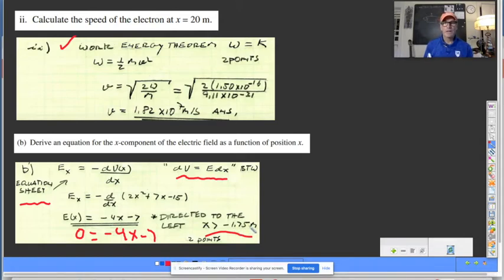And at x equals negative 1.75, the electric field is 0, but a little bit to the left of negative 1.75, the electric force will be directed to the left, and the electric field will be directed to the right. Okay, sounds like a lot.